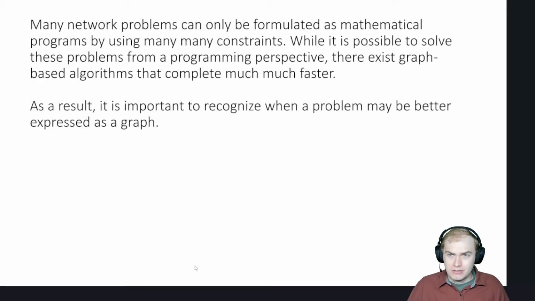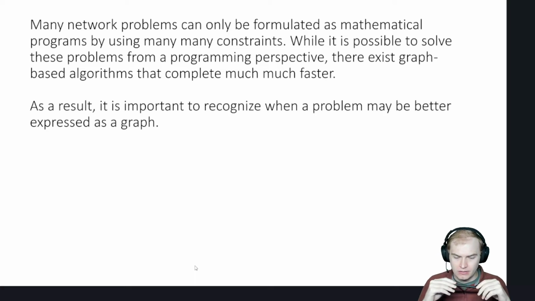But there are many network problems, many graph theory problems that can be formulated as IPs, but require many, many constraints and may not be totally unimodular. So they may not give us integer solutions every time. Some of these problems have graph theory algorithms that run very quickly.